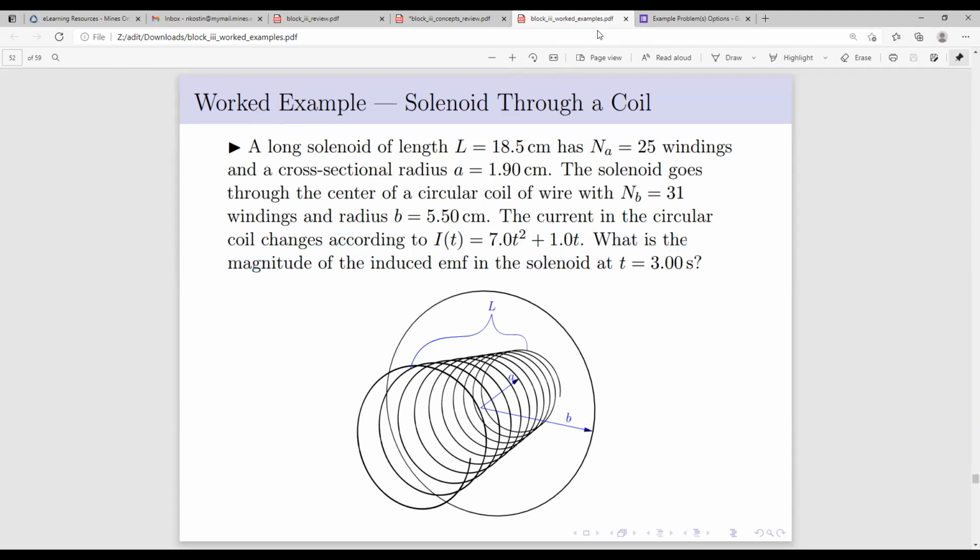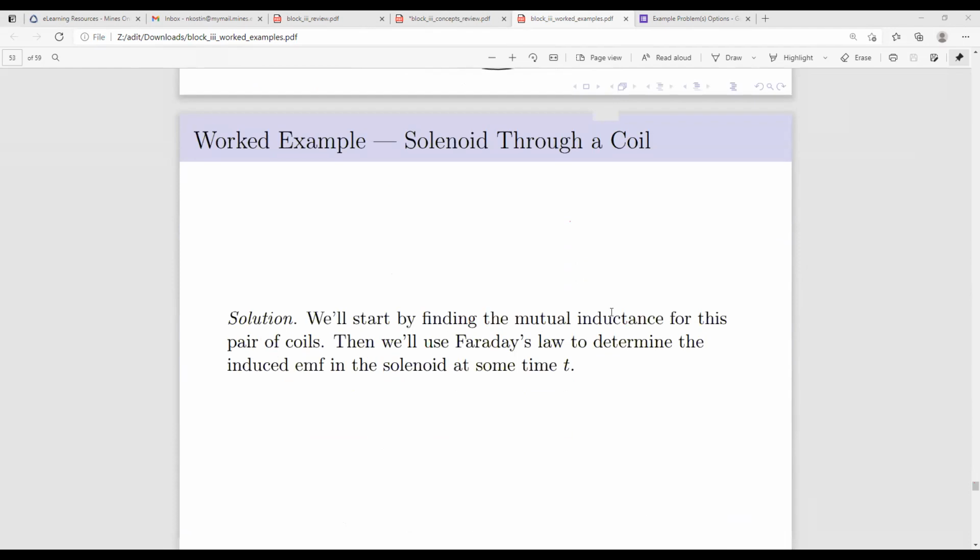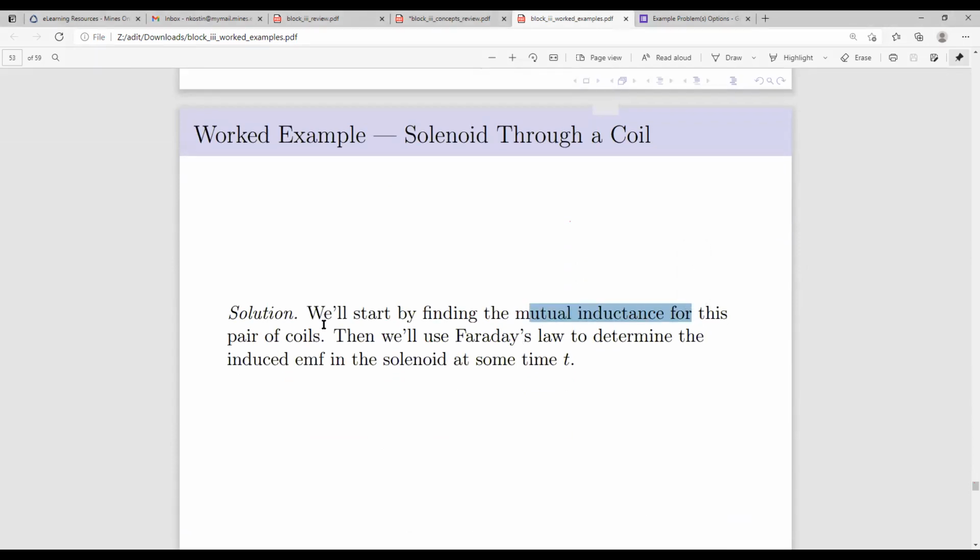Cool. So the hint I have to use mutual inductance is just the fact that I have two coils. And whenever I have two coils, there's going to be some mutual inductance between the two. Yeah, so all I have to do here is start by finding the mutual inductance of this pair of coils.